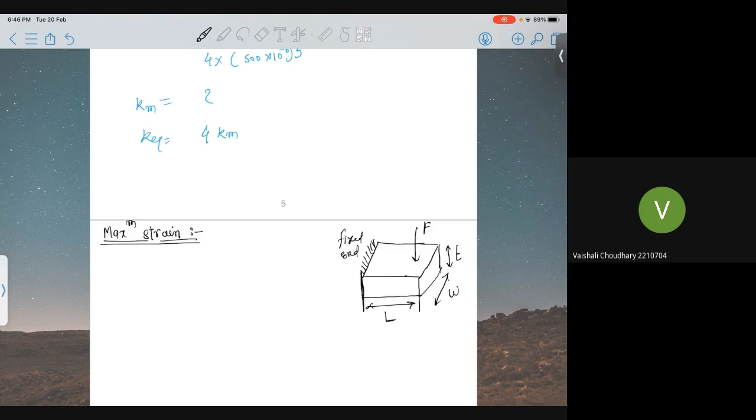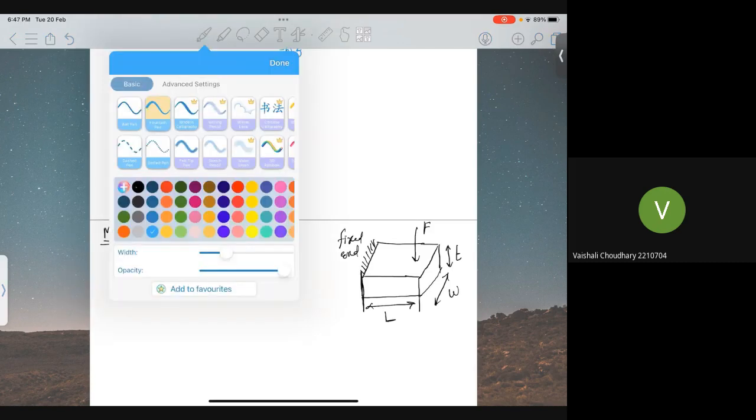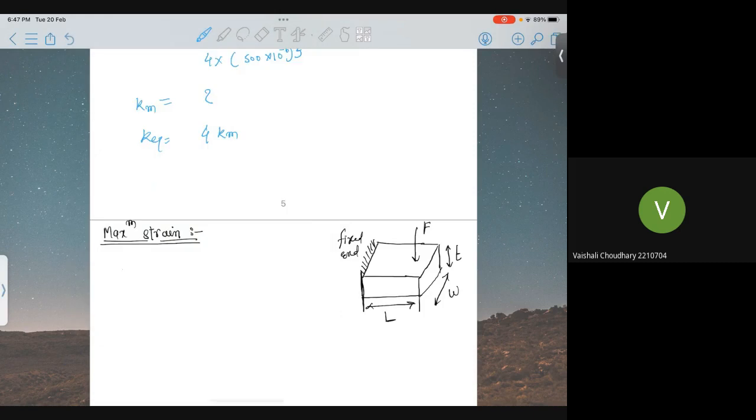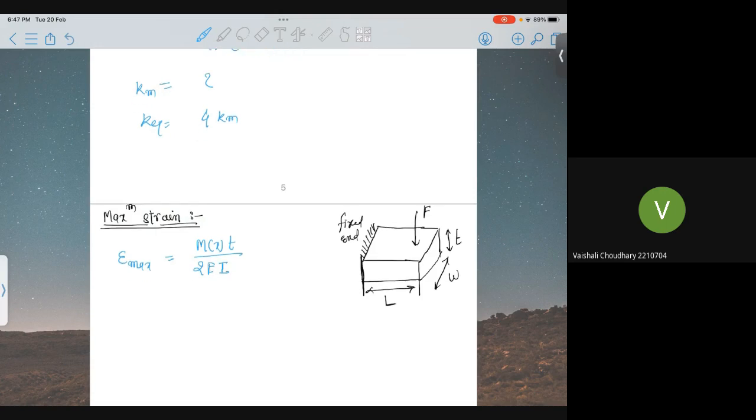Now we can write the maximum stress in terms of torque, which is M, a function of x, times t by 2EI, where I is inertia, E is Young's modulus of elasticity, and M is the torque. Or we can simply write it as FL times t by 2EI, right?